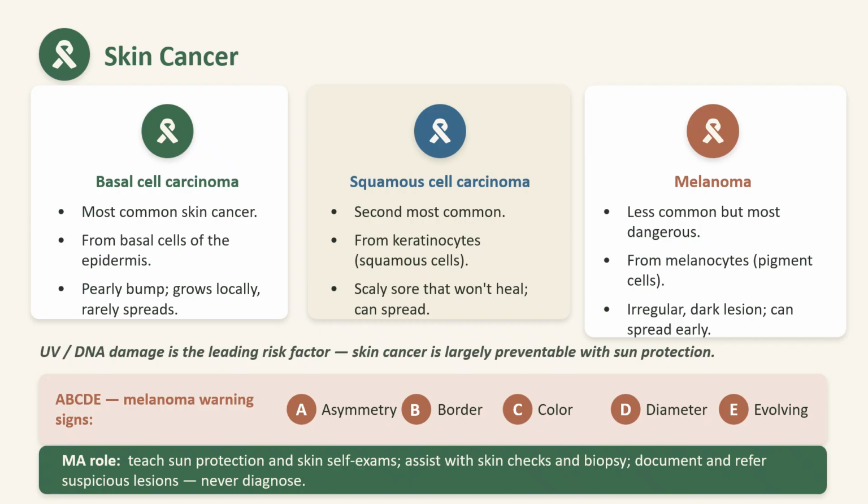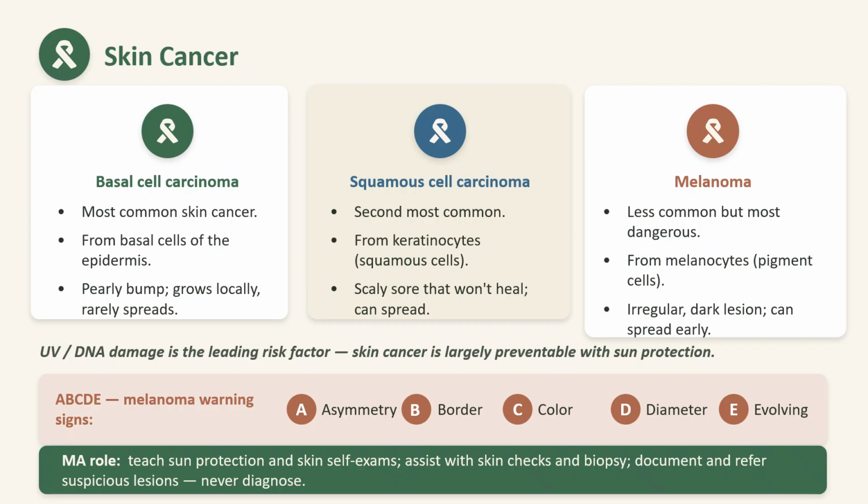The pink bar is the ABCDE checklist for spotting a suspicious mole. Asymmetry. This means that one half doesn't match the other. Border. Irregular or ragged edges. Color. More than one color or shades of color. Diameter, larger than a pencil eraser, about 6 millimeters, and evolving, any change in size, shape, or color.